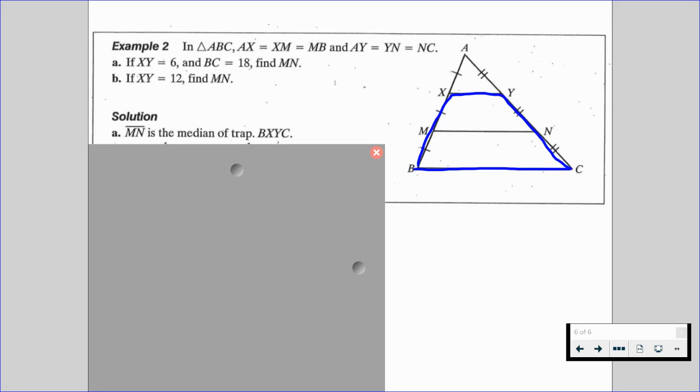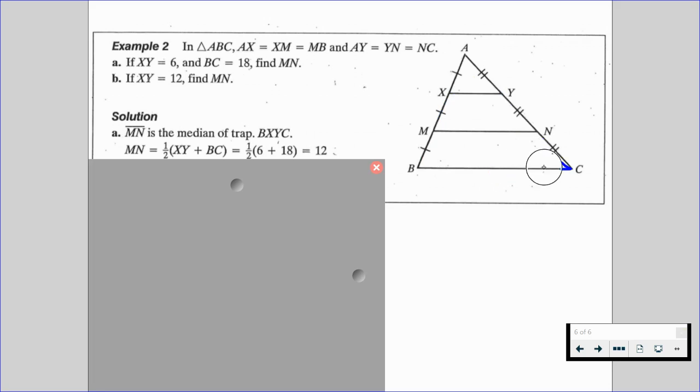We know that XY is equal to 6 and BC is equal to 18. So MN is going to be half the sum of those two segments. So half of 6 plus 18, which is going to yield 12. Let me erase this now, that way we don't get it confused with part B.